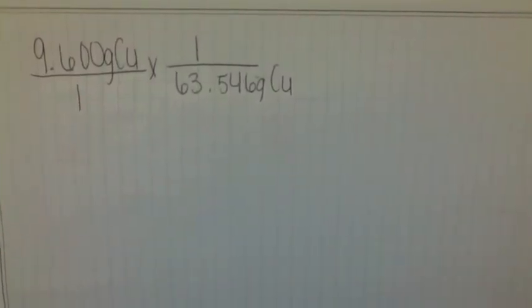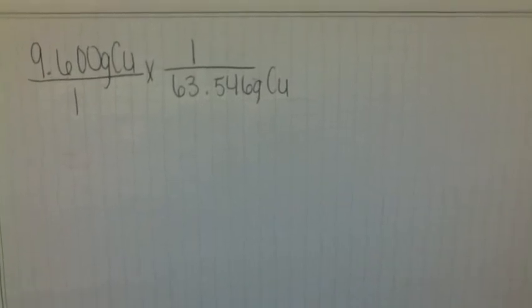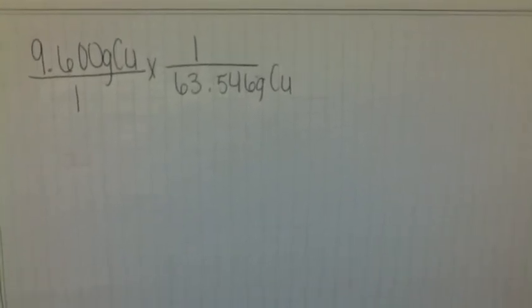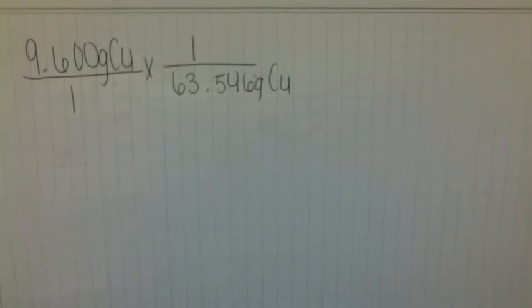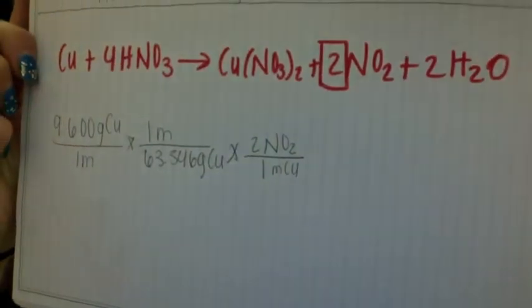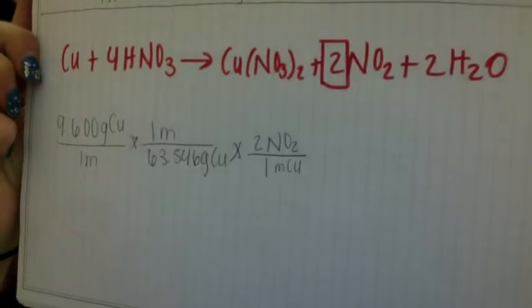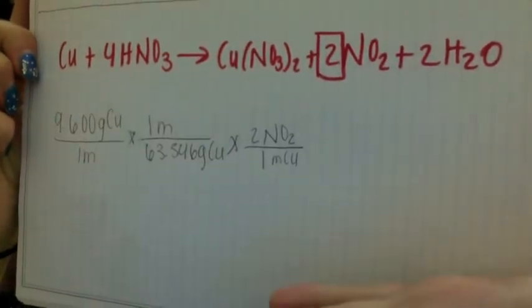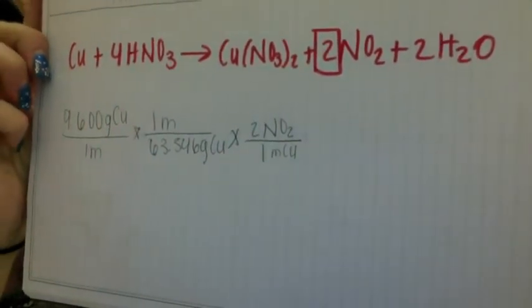First, you'll take 9.6 grams of copper, and then you'll divide it by 63.546 grams of copper, which is the atomic mass and which will be your molar mass. Next, you will need to do a mole-to-mole ratio. Then you'll take the 2 from the NO2 in the equation, divided by 1 mole of copper.